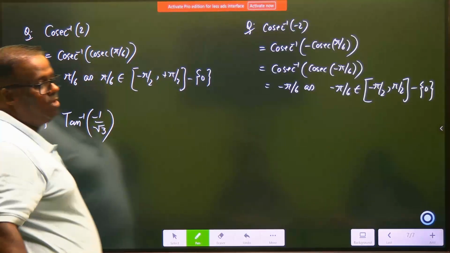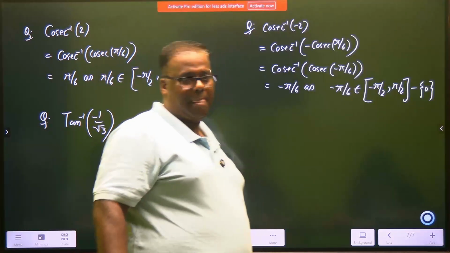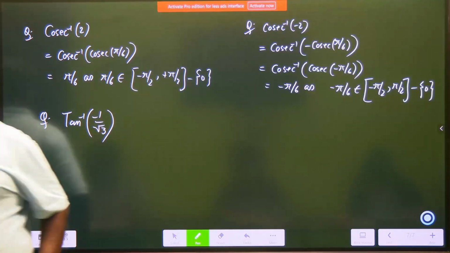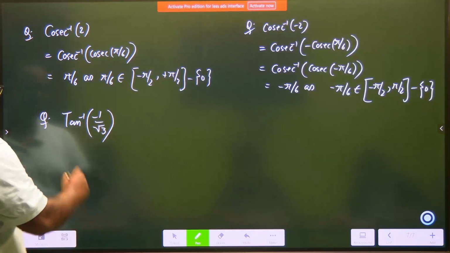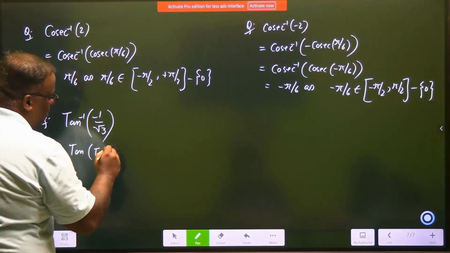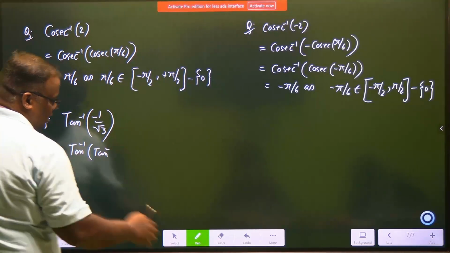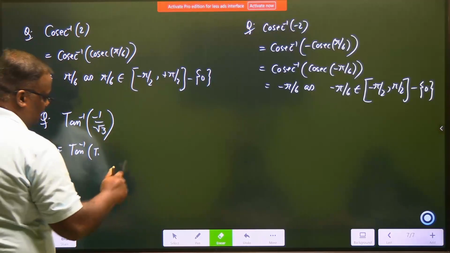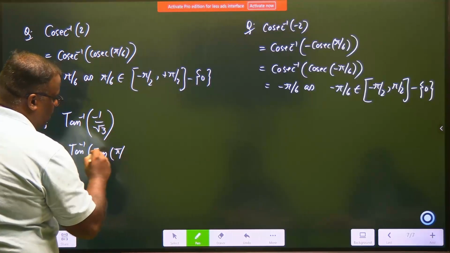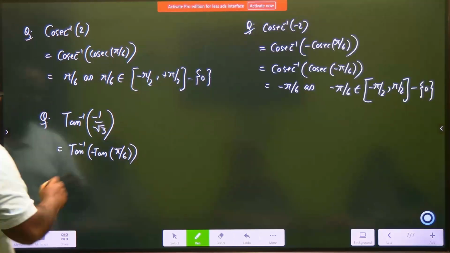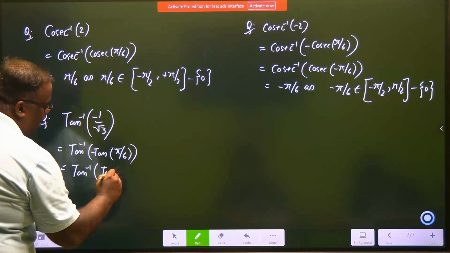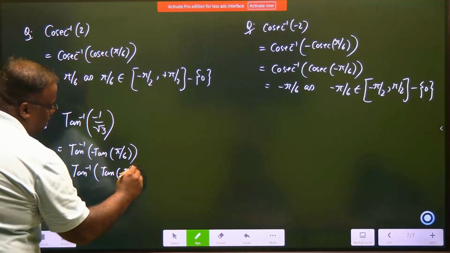Now tan 1 by root 3 is tan 30. Tan 60 is root 3. Tan 30 is 1 by root 3. Shall we go? This will be tan inverse of tan of minus pi by 6. Okay? So this is tan inverse tan negative pi by 6.